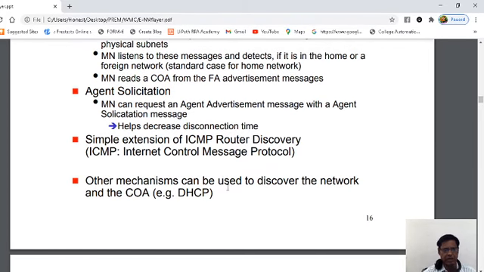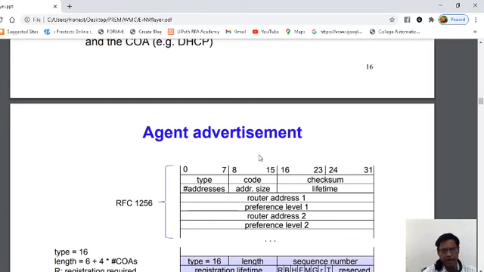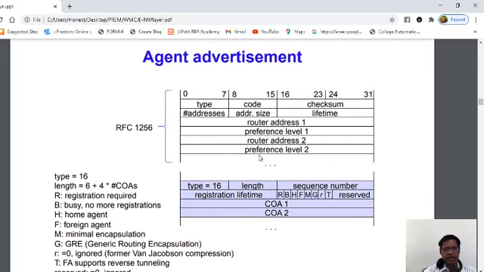Here you can see the simple extension of ICMP router discovery, the Internet Control Message Protocol. Other mechanisms can also be used to discover the network and the COA, such as DHCP. Now, what does an agent advertisement contain?